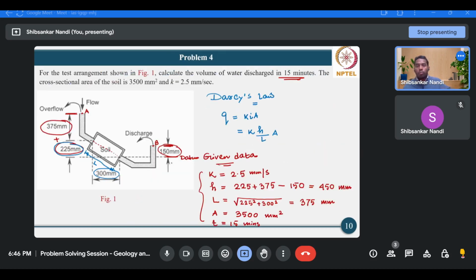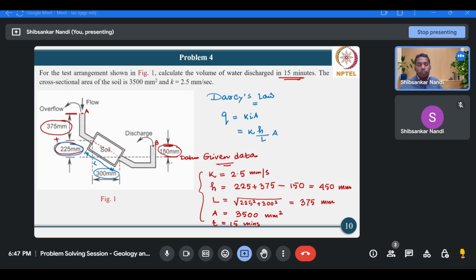Now coming to the fourth problem, this is a reverse problem of problem 1. In problem 1, the volume of water collected over a specific time duration was given and we had to determine the hydraulic conductivity, but here hydraulic conductivity is given. We had to calculate the volume of water discharged over a 15 minute time duration.